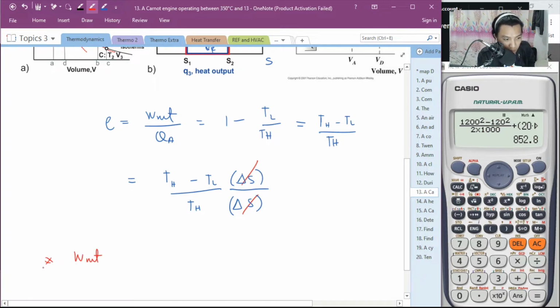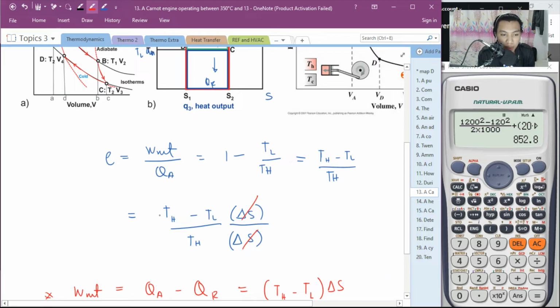The work net is equal to QA minus QR. Okay? And then this is equal also to TH minus TL multiplied to delta S. Tignan mo ito. 'Di ba TH minus TL, that is work net.